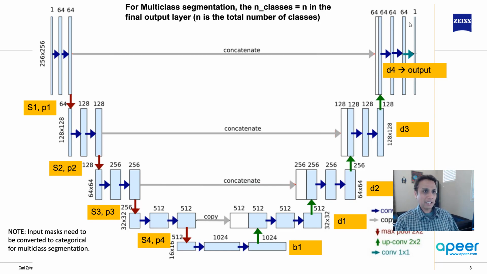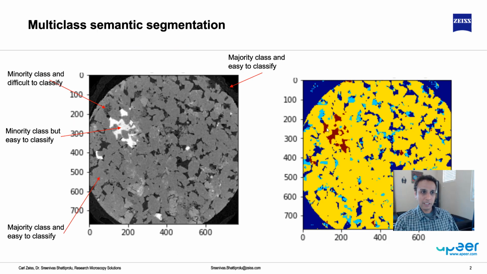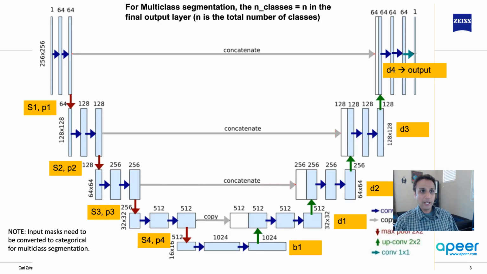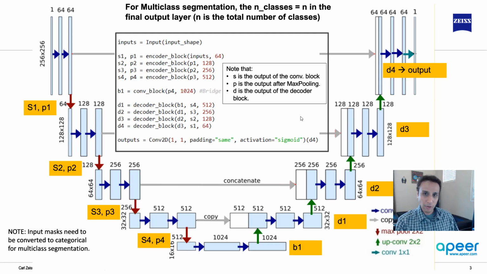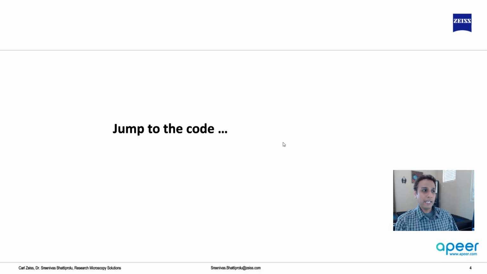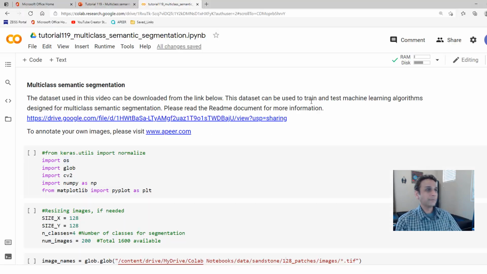Right now, our masks have different values at every pixel, so I need to convert them to categorical. That is what you do from a data handling point of view. But for the model itself, there are two things: the number of classes in the output and the activation. With this knowledge, let's jump to the code.